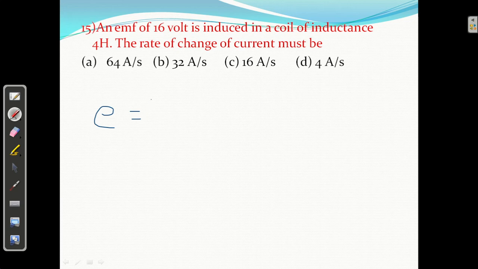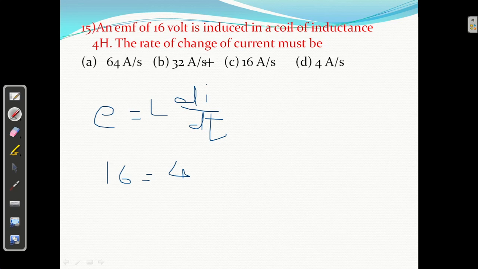L di by dt. E equal to L di by dt. E is given, 16 volt. Clear? Inductance is given, 4 Henry.